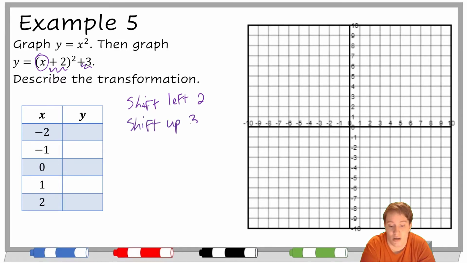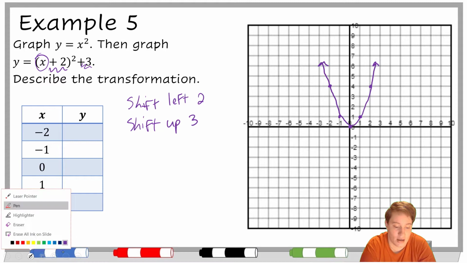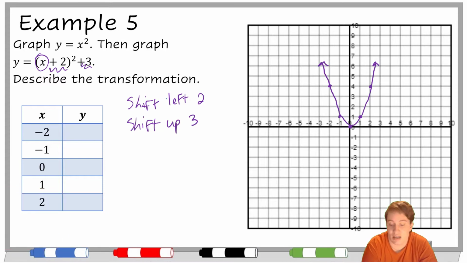So I'm going to draw my parent graph because parent graphs are great. And then we're going to take each of these points and shift left 2 and up 3.